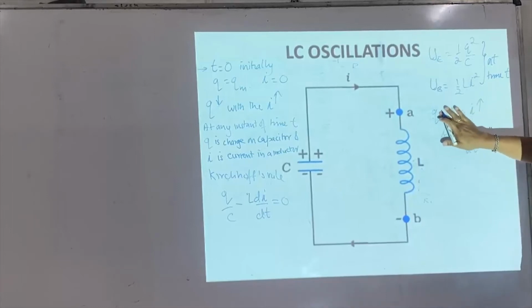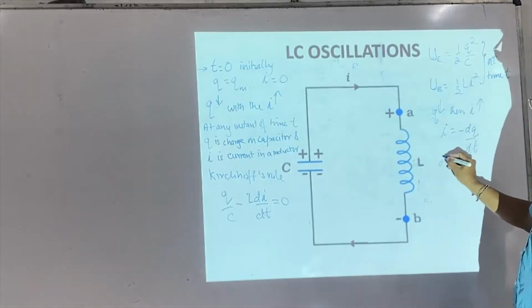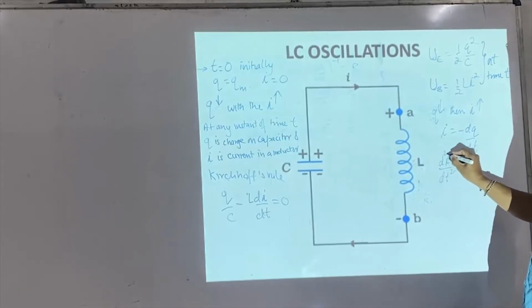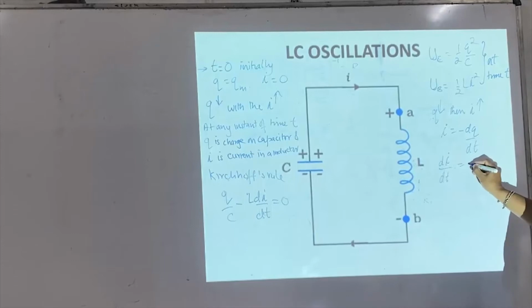Q decreases, I increases, so this is how I'm going to write it. And di by dt can be written as minus d square q by dt square.